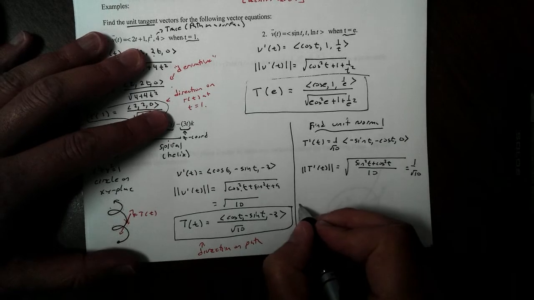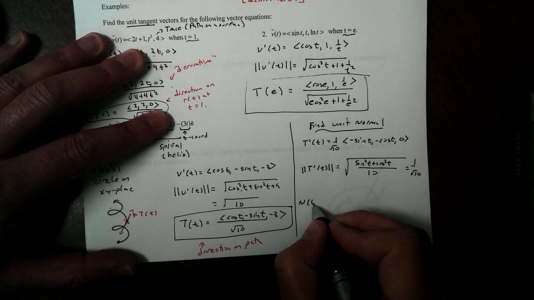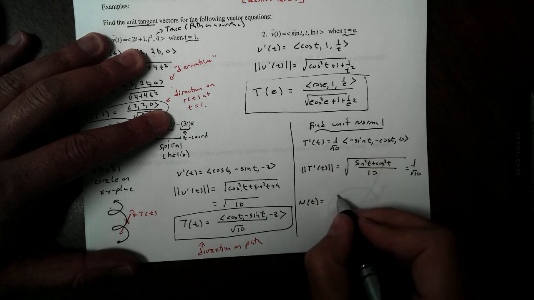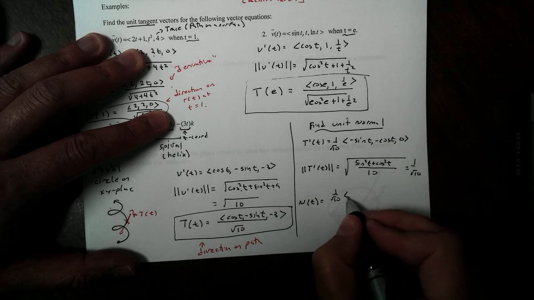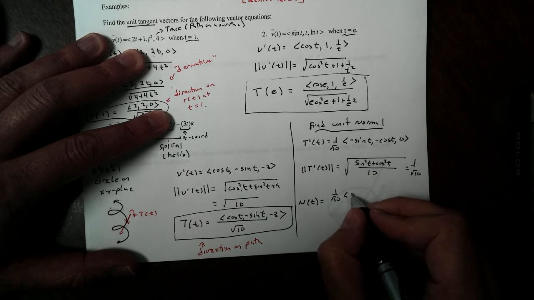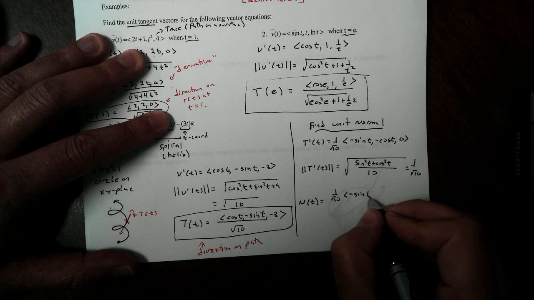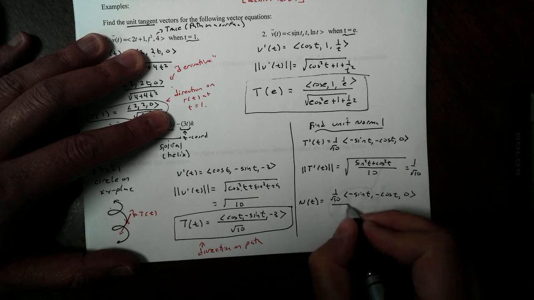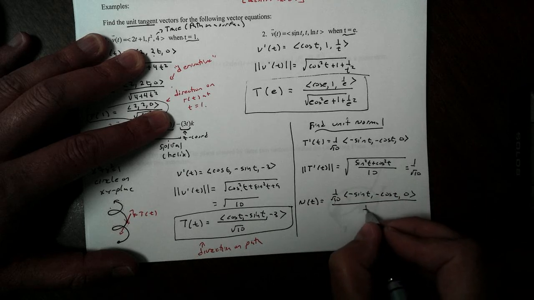So to get our unit normal, it's going to be the derivative, the change in our unit tangent, 1 over root 10 times negative sine t, negative cosine t, 0, divided by its magnitude, which is 1 over root 10.